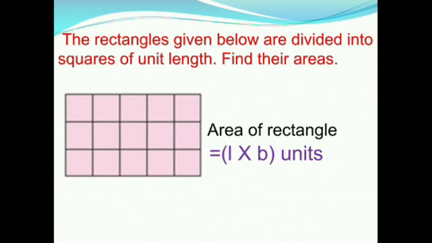Let us count the breadth. 1, 2, 3, 4, 5. Breadth is 5 units. Now we should multiply 3 into 5. What is 3 into 5? 3 fives are 15. Therefore, area of this rectangle is 15 square units.